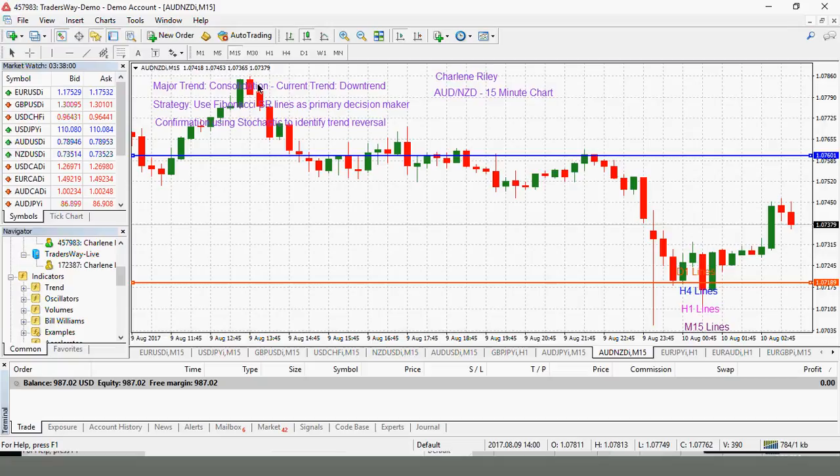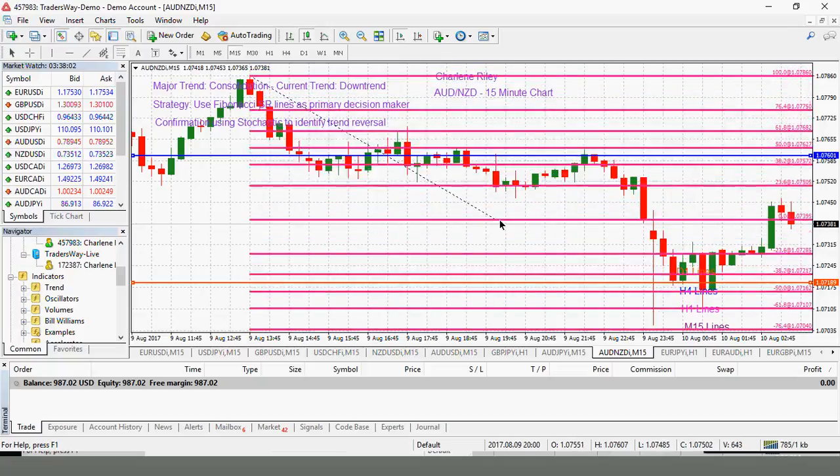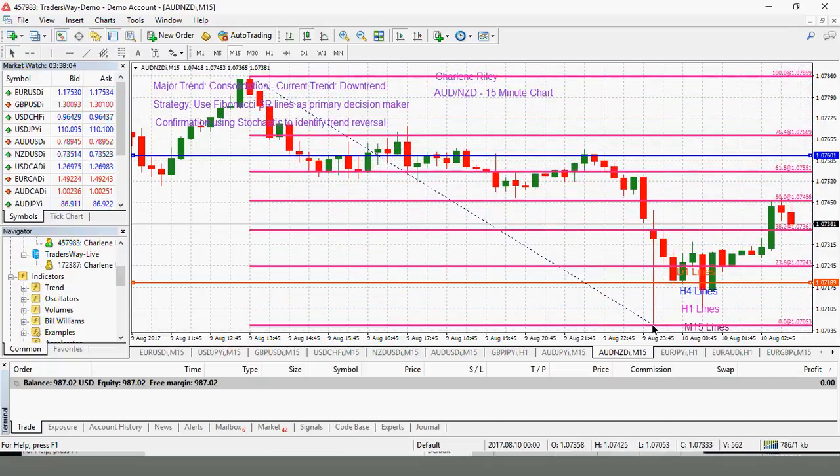We're going from a high to a low. And this is a good solid line here.